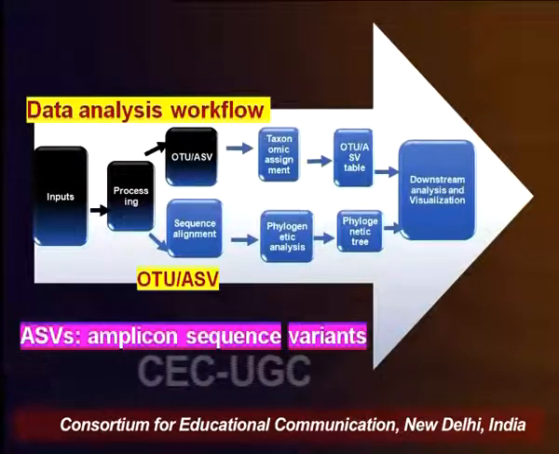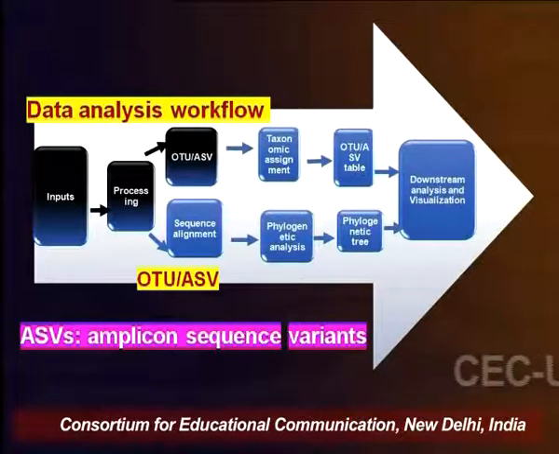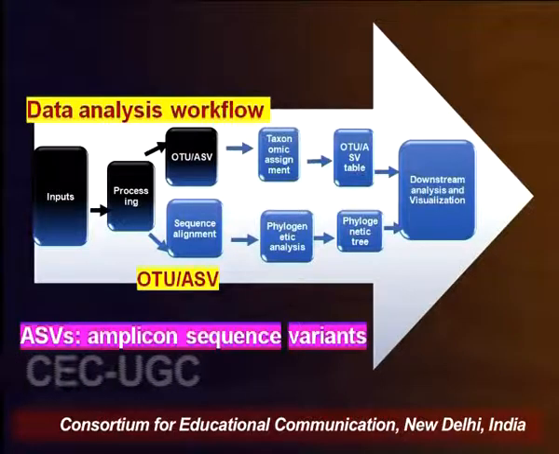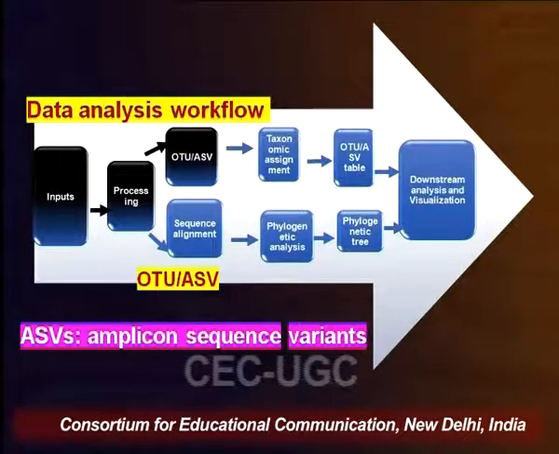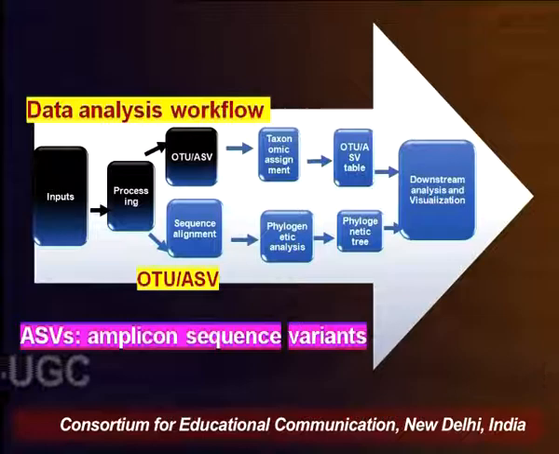with this OTU we had certain problems, and because of that there were more errors. We'll talk about that in detail just after this, but before that I would like to introduce ASVs. So what are ASVs? ASVs are amplicon sequence variants.